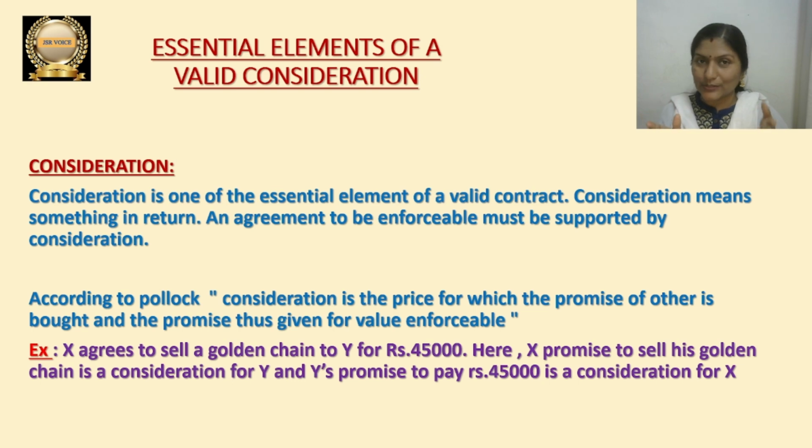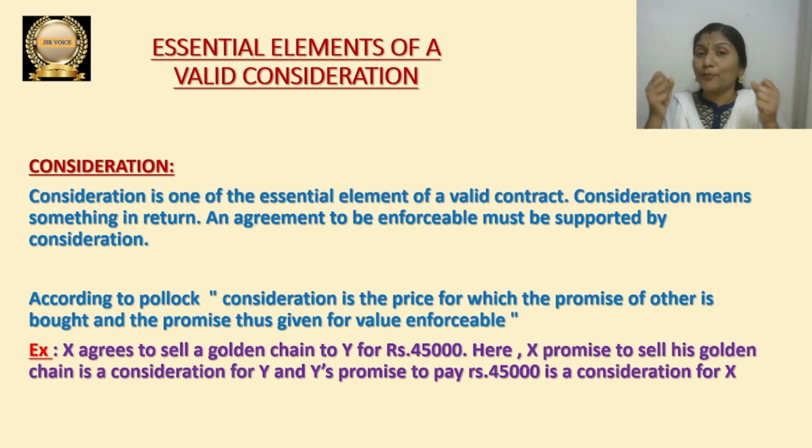So X is ready to sell his gold chain for 45,000 rupees to Y. Here X promises to sell his golden chain, and that is a consideration for Y. So what is the consideration for Y? He is receiving the golden chain from X. So Y's consideration is the golden chain. And here X is receiving 45,000 rupees from Y. So 45,000 rupees is the consideration for X.